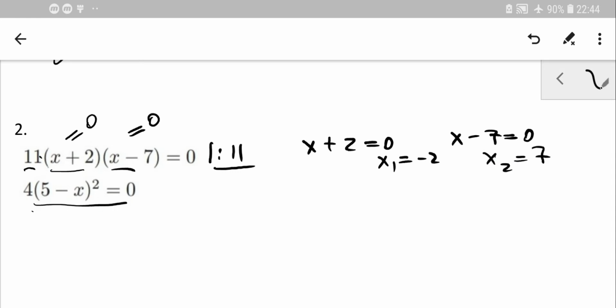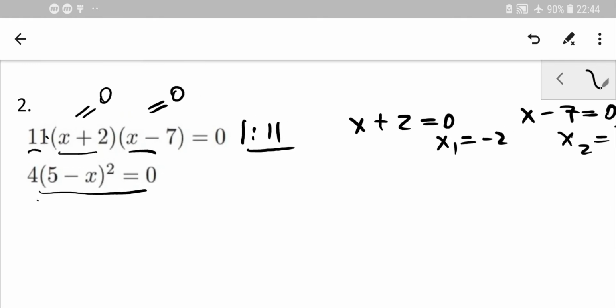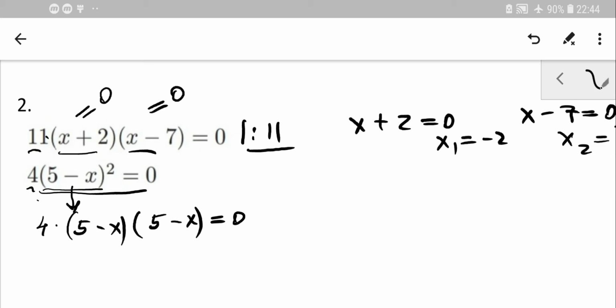All right, here. How many factors do you have here? What do you think? Many students try to answer that we have 2 factors, 4 and the bracket. Actually, they are correct somehow, but if you consider 5 minus x as 2 identical brackets multiplied together, you'll get 3 factors in total.